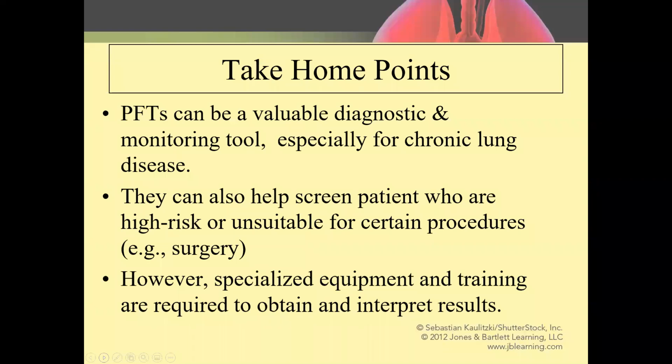It can also help screen the patient who is high risk for certain procedures, such as surgery, and as I said earlier, can also be very useful in doing risk adjustment.